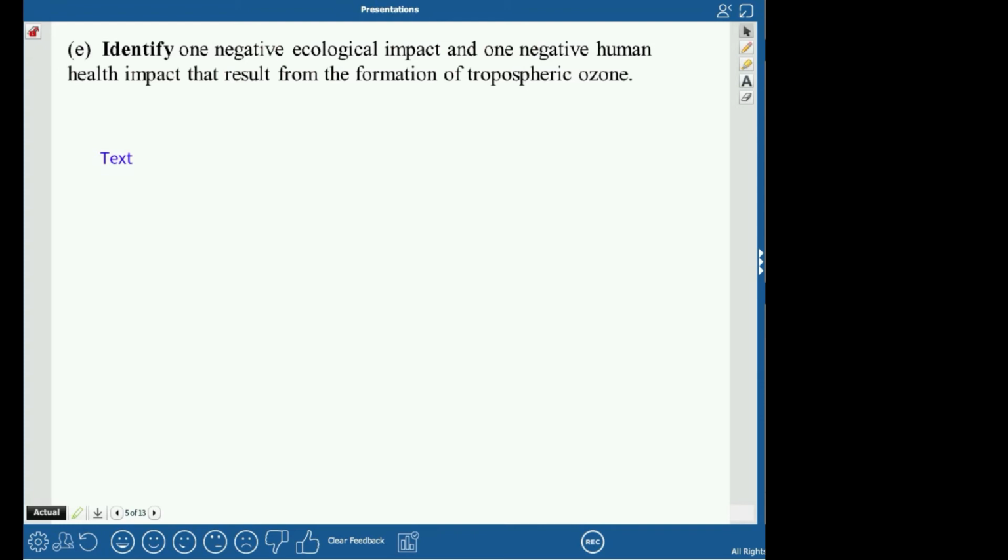Since you did the health one, I'll do the ecological. We could talk about how it damages plant tissue. It inhibits photosynthesis. And not only does it irritate us, our respiratory system or our eyes, but it can irritate other animals.